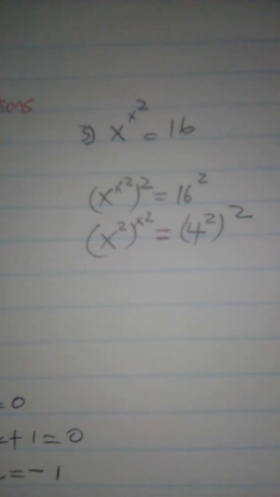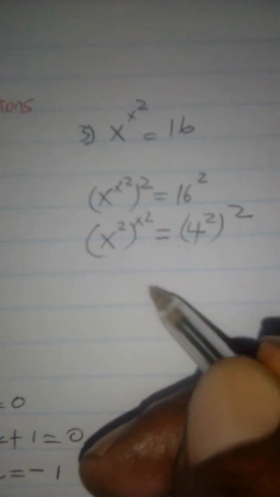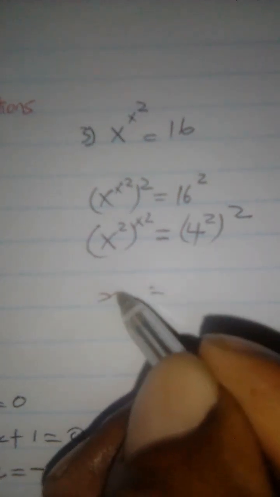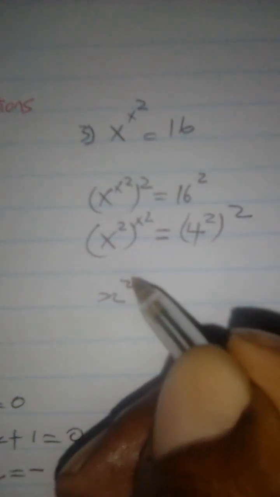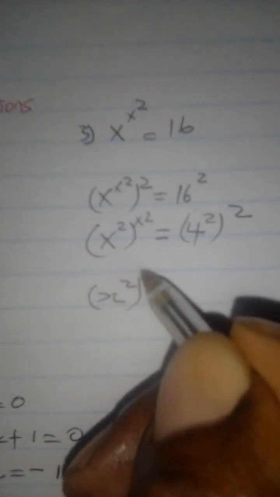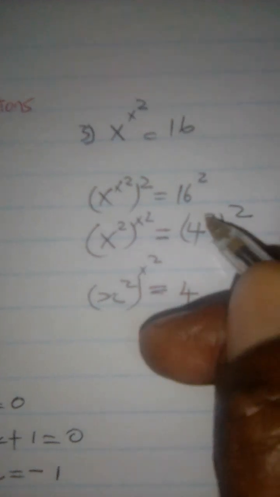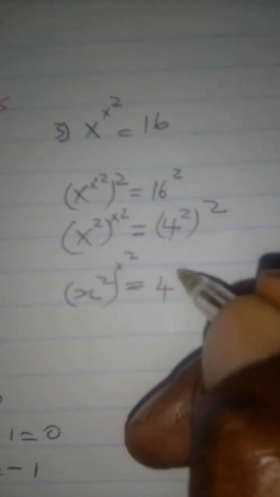So from here I'll have 2x squared equal to 4 raised to 4, x squared into x squared, which is equals to 4 raised to 2 times 2 is gonna be 4.